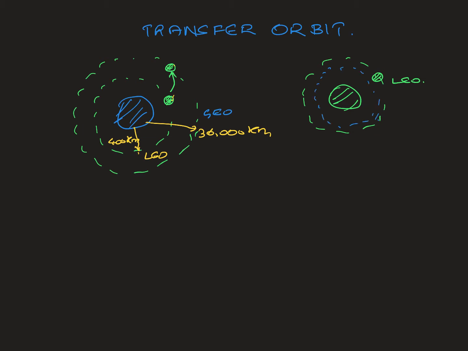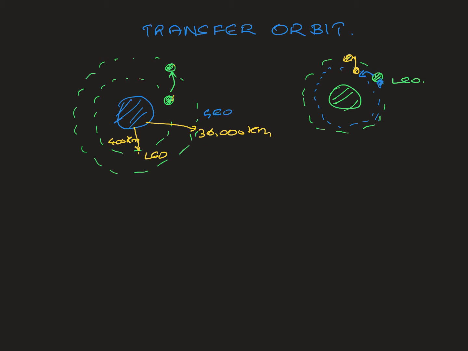Because of atmospheric drag, which is going to affect the energy of the satellite and slow it down. So that means it will fall back to a lower orbit. So what we need to do is transfer the satellite back to its original orbit.